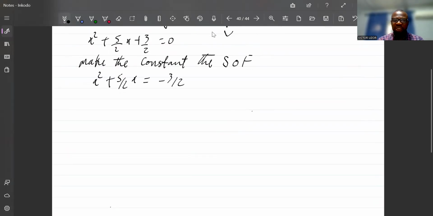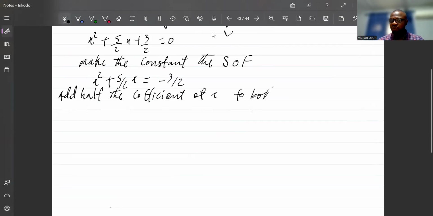The next thing I'll do now is add half the coefficient of x to both sides, and square it.